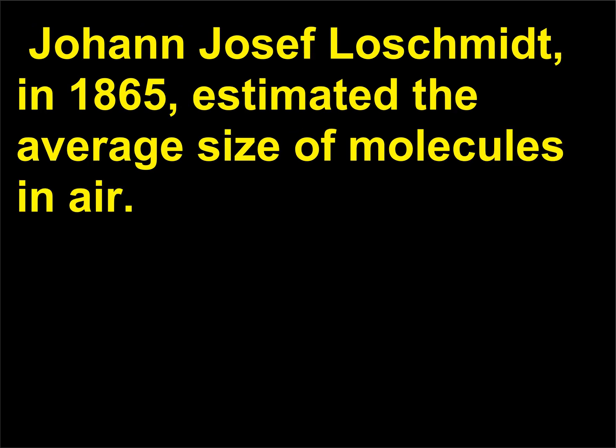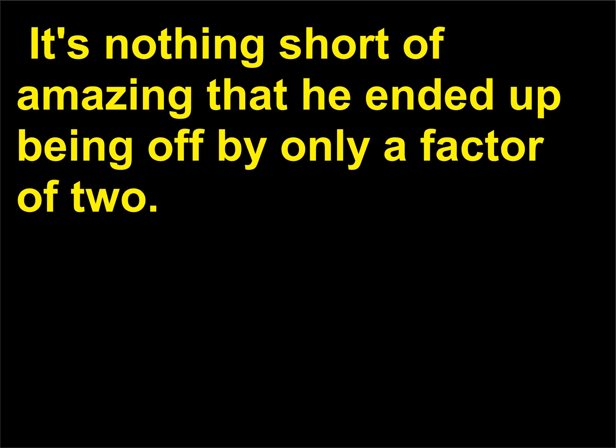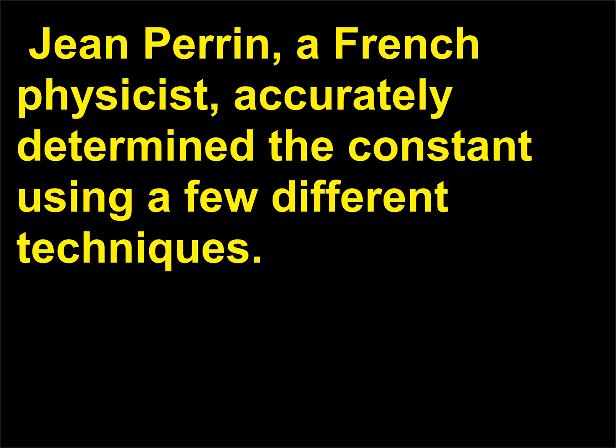Johann Joseph Loschmidt, in 1865, estimated the average size of molecules in air. It's nothing short of amazing that he ended up being off by only a factor of 2. Jean Perrin, a French physicist, accurately determined the constant using a few different techniques.